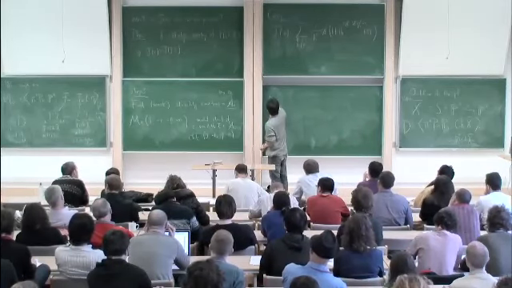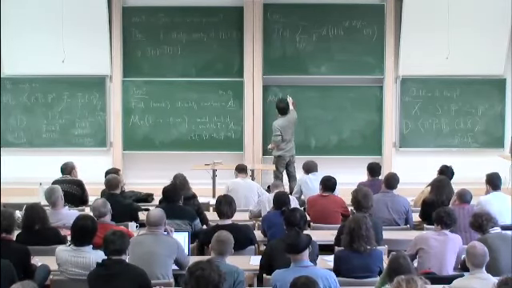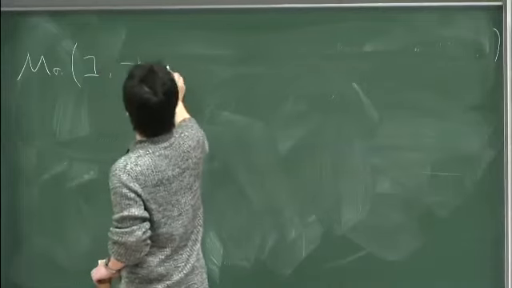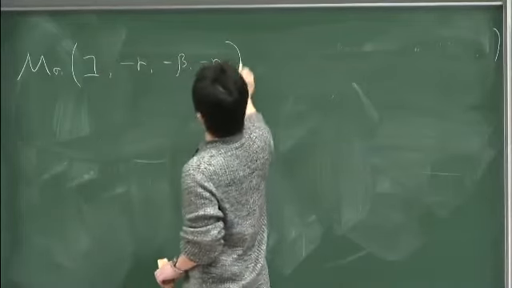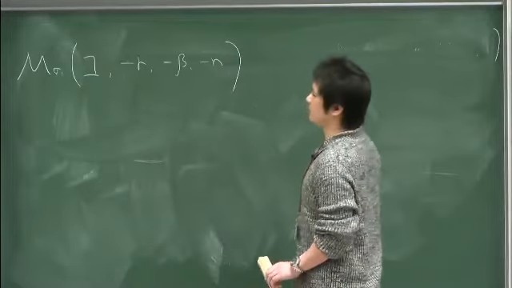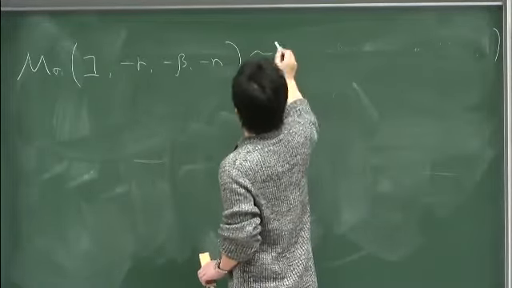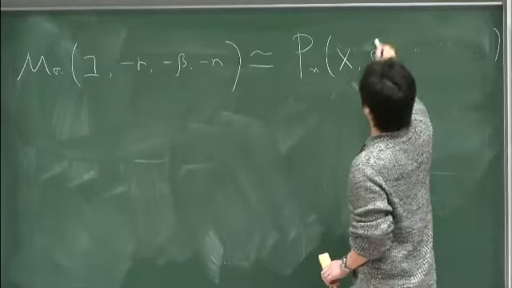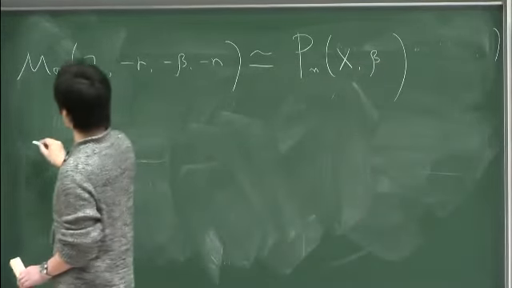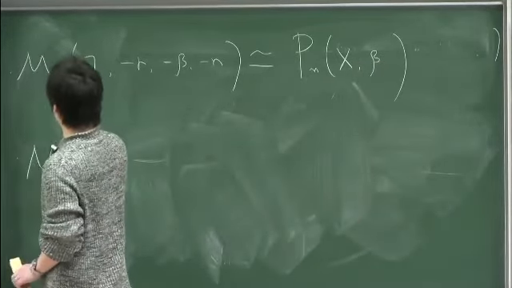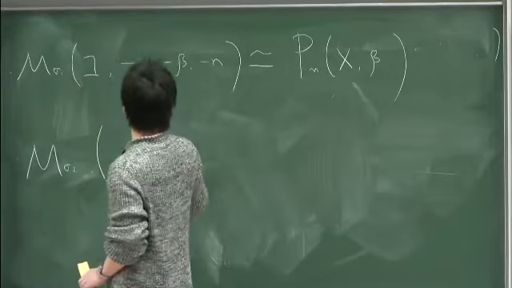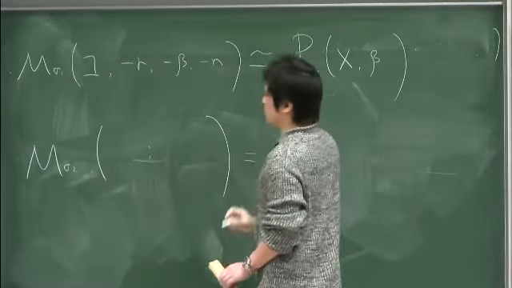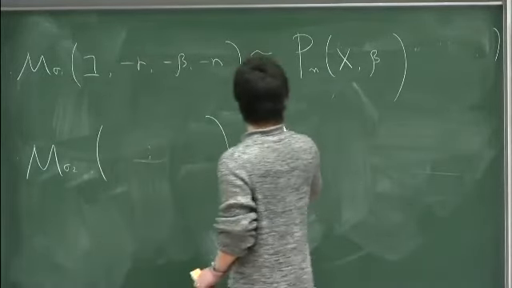That is, M_sigma_1(1, -r, -beta, -n), for every r, should be essentially isomorphic to the moduli space of stable pairs. And for the other stability condition, this is more or less trivial.